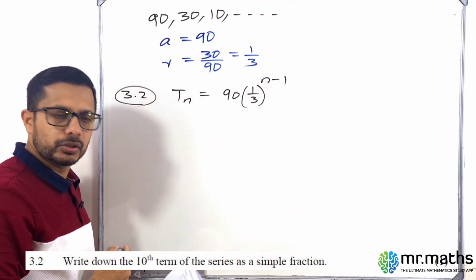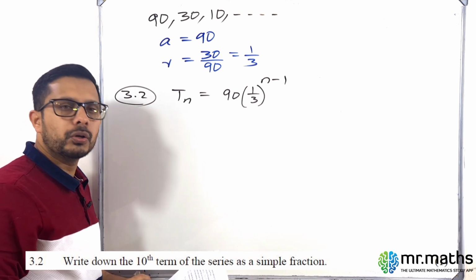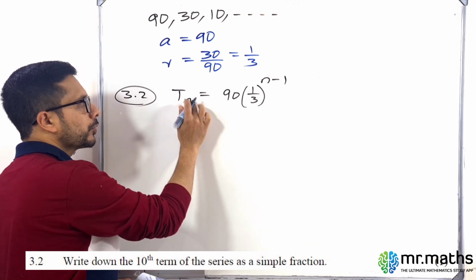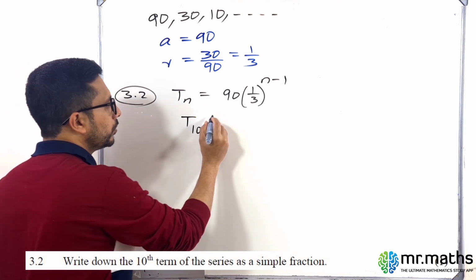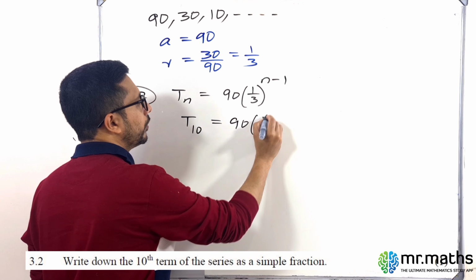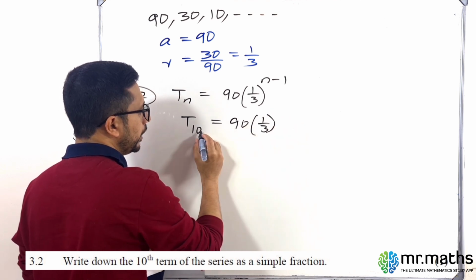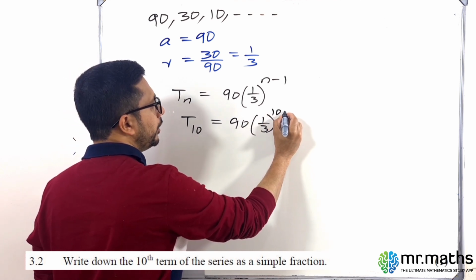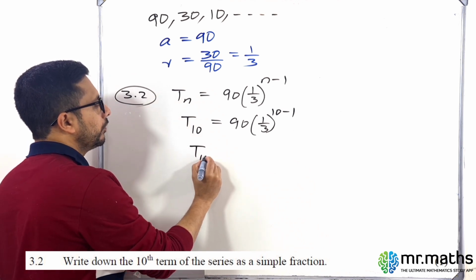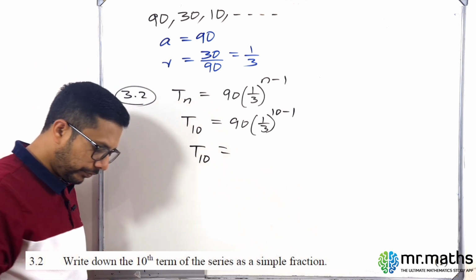To find the 10th term, you substitute the value of n as 10. So T10 is equal to 90 into 1 over 3 raised to 10 minus 1. So check in your calculator what is the answer as a simplified fraction.